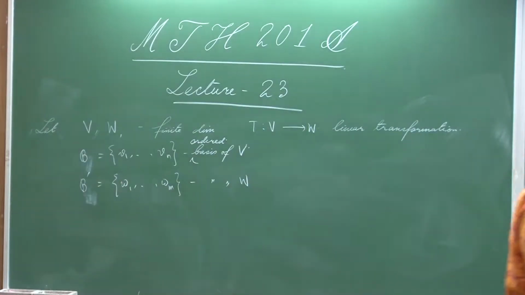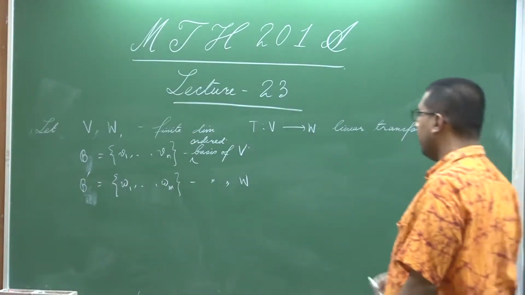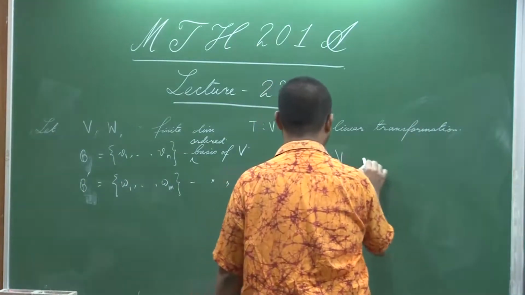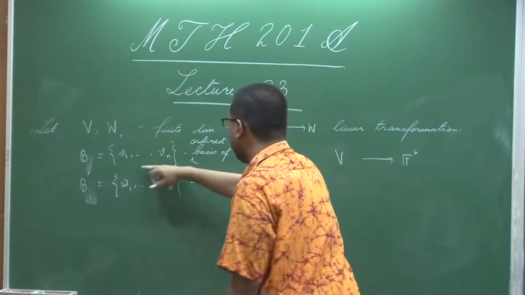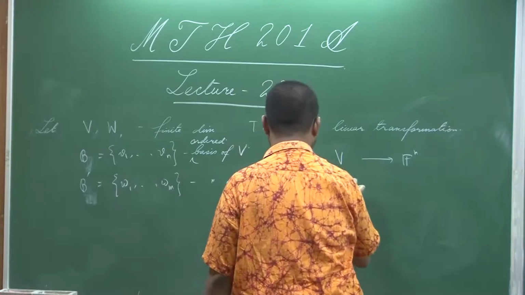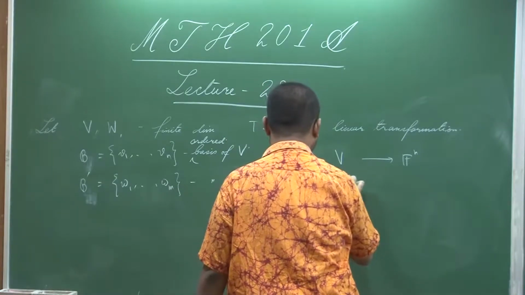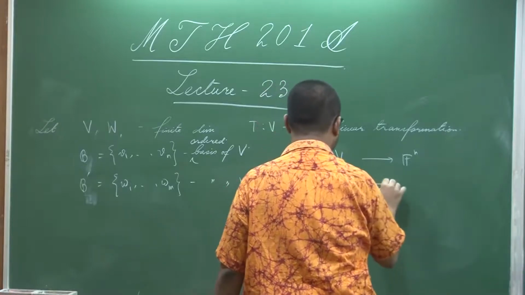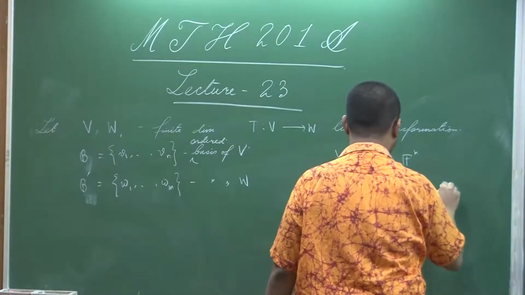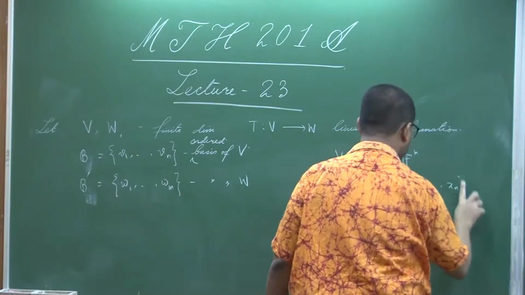And once we have fixed an ordered basis, we have an isomorphism from V to F^n. What is this isomorphism? We start with a typical vector here. A typical vector looks like summation x_i v_i. We map it to its coordinates.